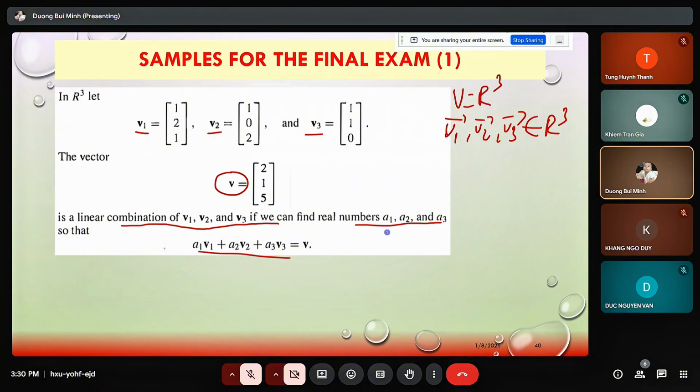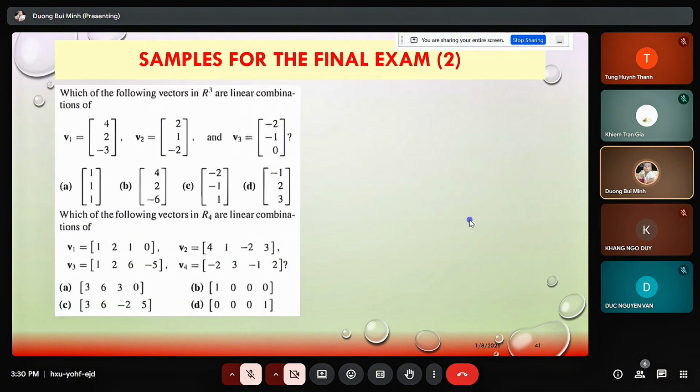So that means this system must be consistent, right? That means we have certain values of a1, a2, a3. Okay, very easy. Then which of the following vectors in R3 are linear combinations of blah blah blah? Very easy, right?